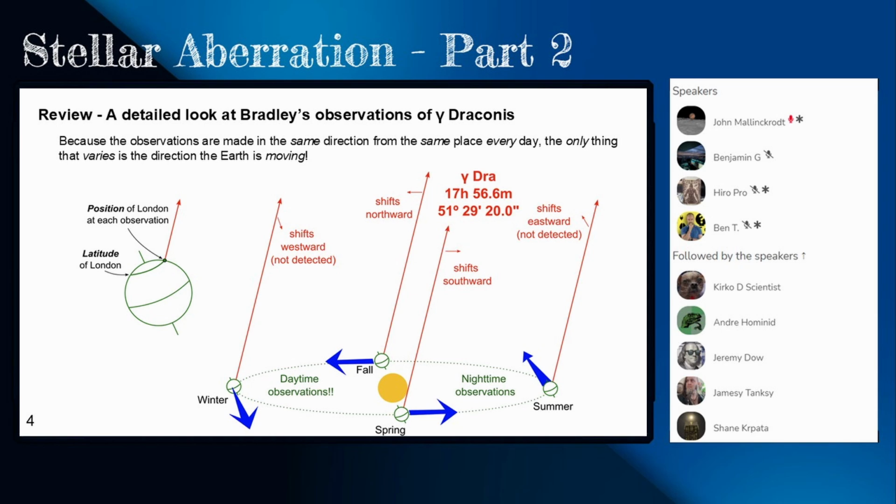So the star will shift southward in the spring. And then in the summer, it's kind of the same thing as the winter, except it shifts the other way, undetectable. And then in the fall, because the Earth is now moving to the left, the light will shift northward. And that's what he really detected. He detected that southward shift and that northward shift, by looking at the star.